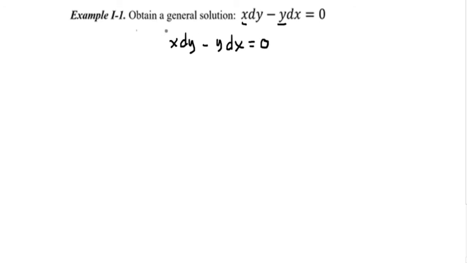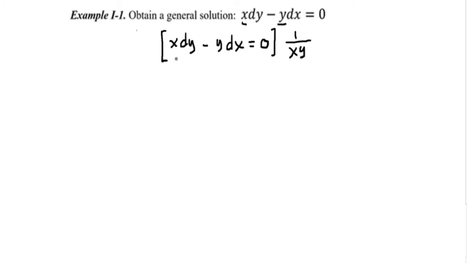To do that, we're going to multiply this by 1 over x. Where did I get x? X is now this variable. The purpose of this x is to cancel this x. Then, to cancel this y, I'm also going to place here y.